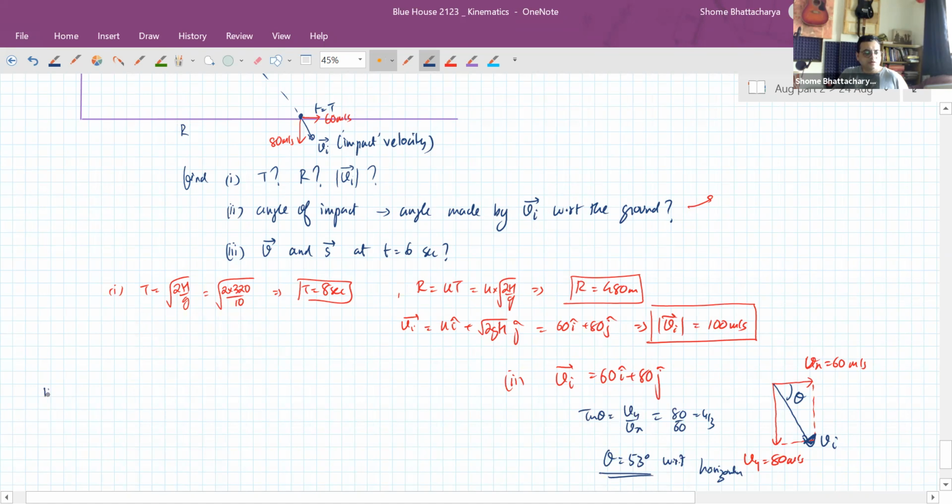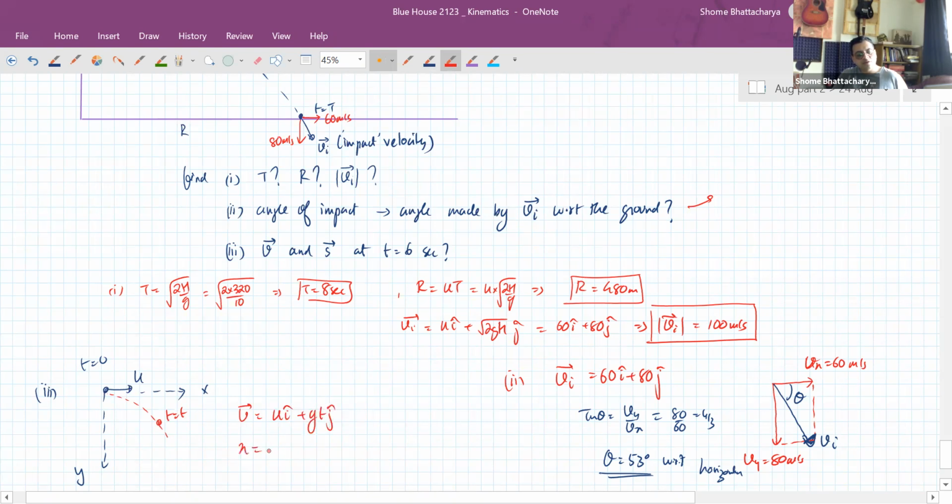Whereas for the third part, we have to now use those kinds of equations: if we project it from here at t equal to 0, then as it moves at some time t, the velocity vector is u i cap plus gt j cap.